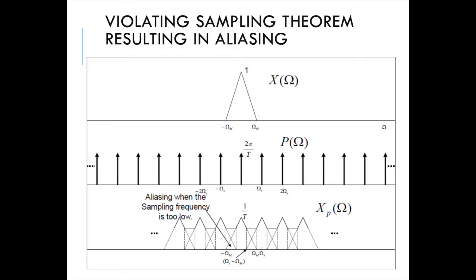After we convolve 1 times 2 pi over T times 1 over 2 pi, we have 1 over T. But again, if you look at the distance between 0 and omega s, the distance is very short. So what happened?